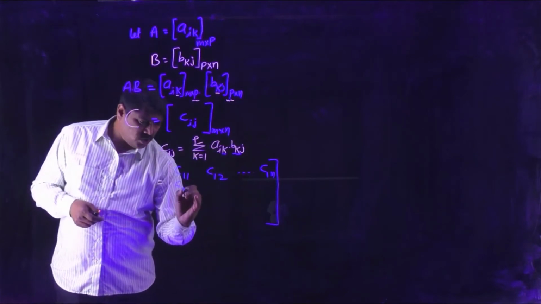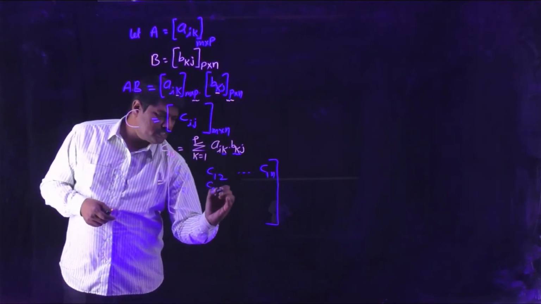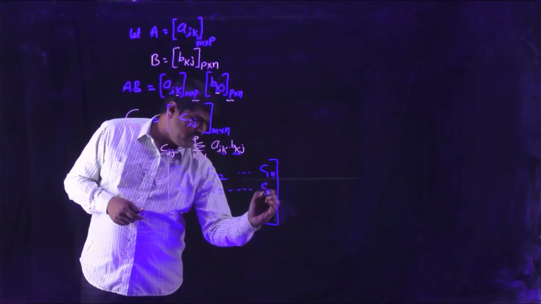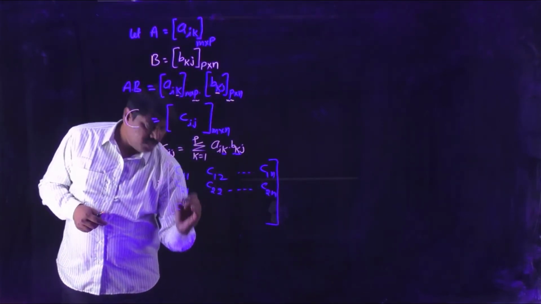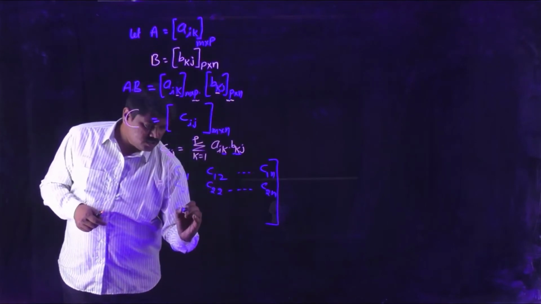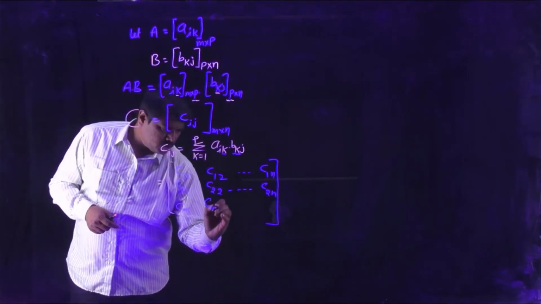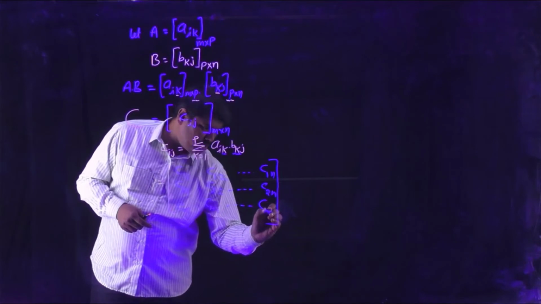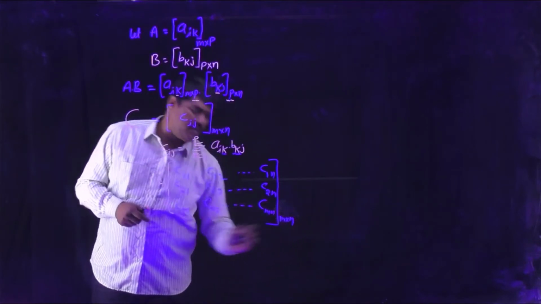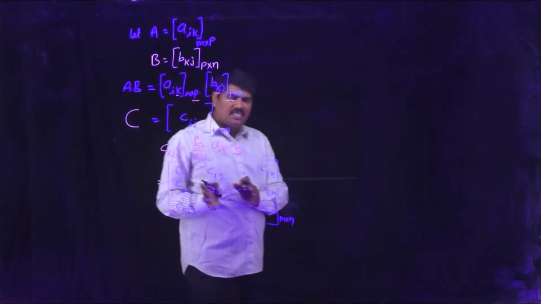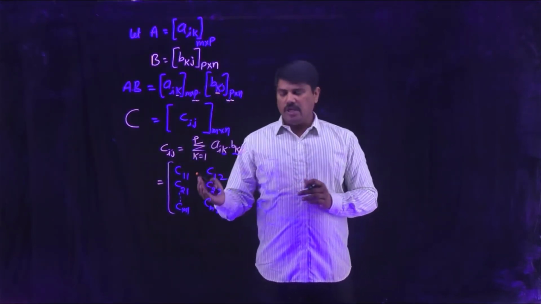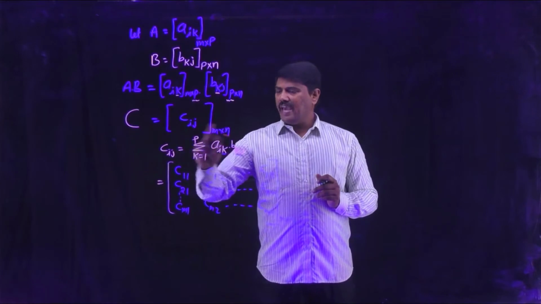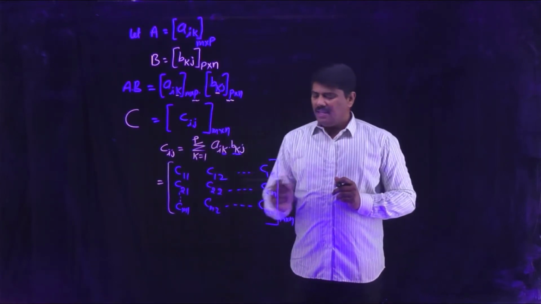Then second row, first column, second row, second column, and so on until second row, nth column. Similarly, maximum rows you have is m, so mth row, first column, mth row, second column, and so on, mth row, nth column. So this is of order m by n. Already we discussed representing the matrix with order using ij notation. So the matrix c_ij, m by n, is in this manner.